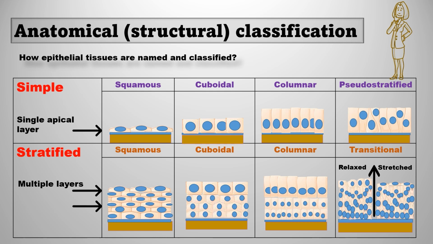Nobody is going to be asked about the anatomical structural classification of the epithelial tissue without knowing those two facts: the shape of the cells of the apical layer and the arrangement of cells in layers. Those are the two facts that we depend on. Be careful.